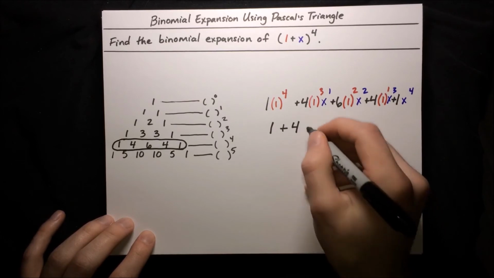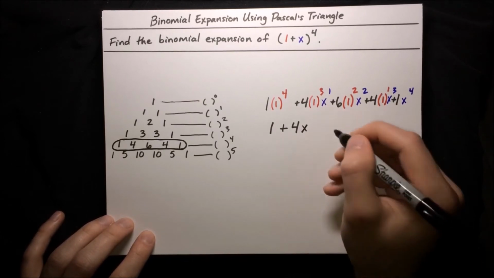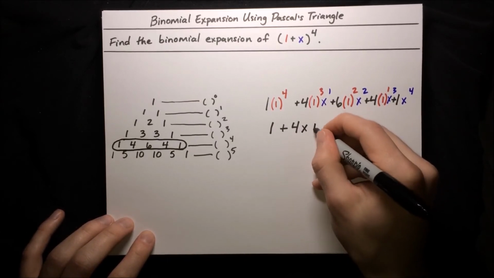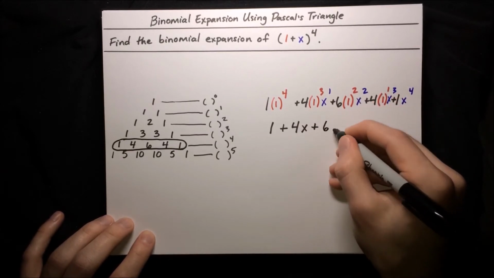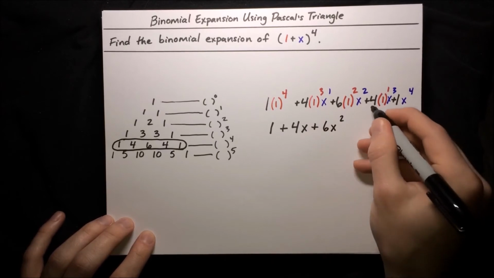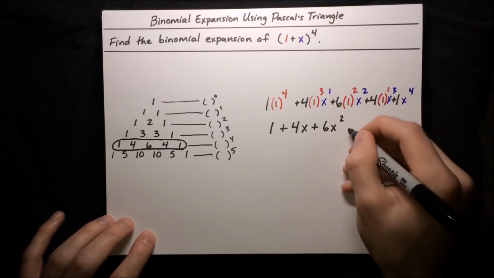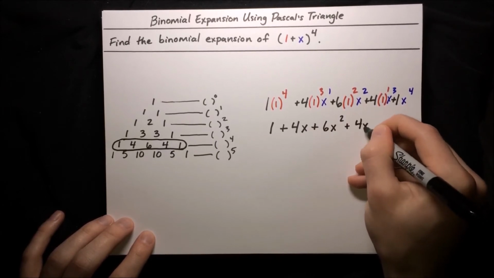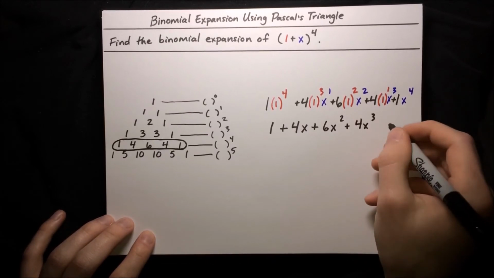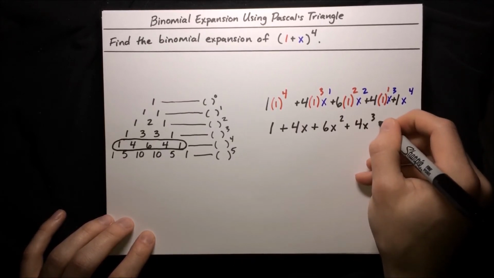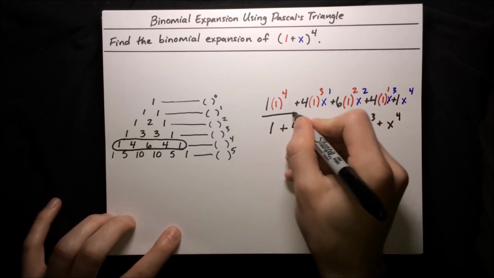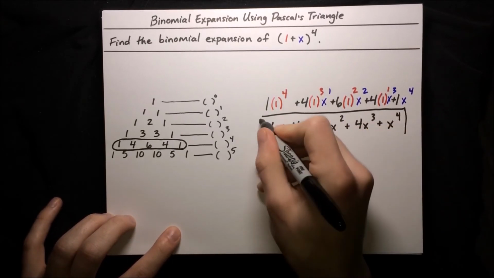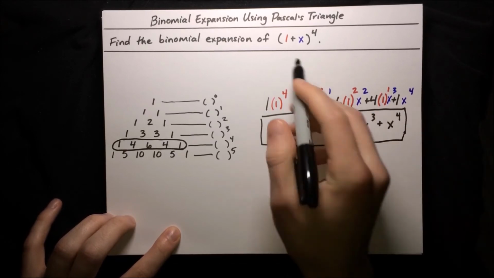And then we've just got an x here, plus 4x, and then plus 6 times 1 squared, again just 1, so just 6x squared. 4 times 1 times x to the third is just 4x to the third, and then 1x to the fourth, we can just write that as plain old x to the fourth. And there we go. There is our binomial expansion of 1 plus x to the fourth.